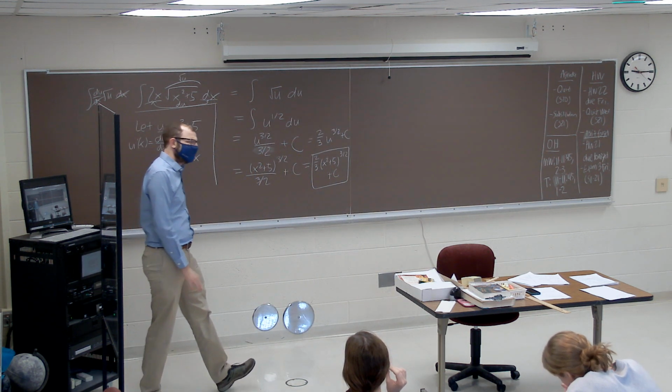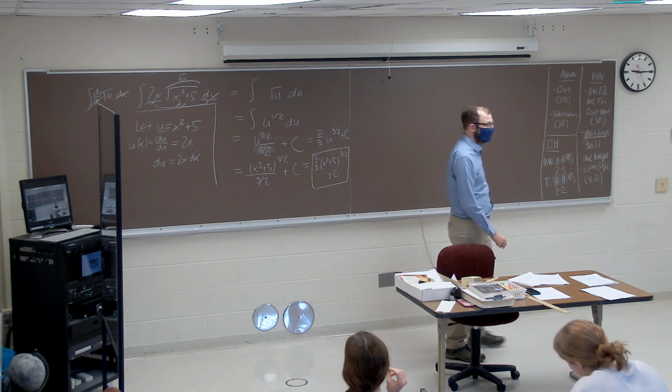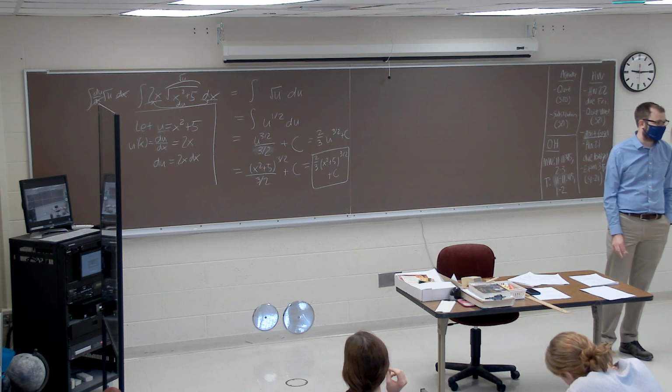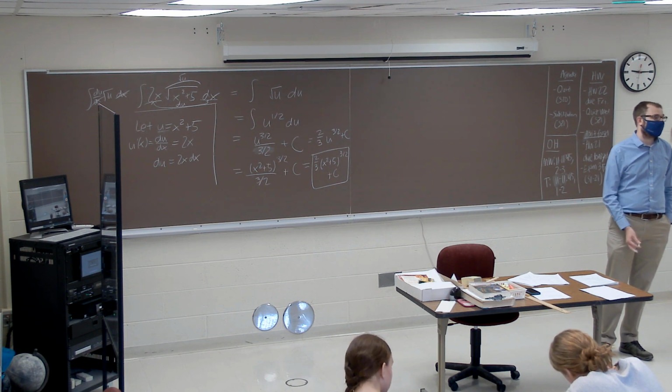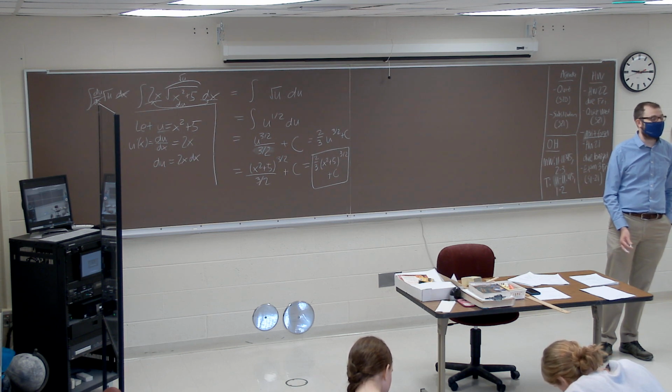Yeah, Josh? How do you know which one's going to be u? Because like this one is pretty clear because 2x isn't that bad. But what if you have something with more in it? Can you do multiple u's? Like, could you actually use u and then a different variable? Yes, that is standard 2.